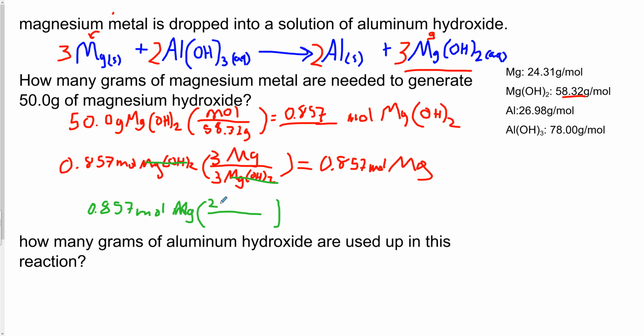Since we want grams, we always put the grams value up top. So 0.857, I've still got the number here, times 24.31. So it's 20.84. We only have 3 sig digs, so 20.8 grams.